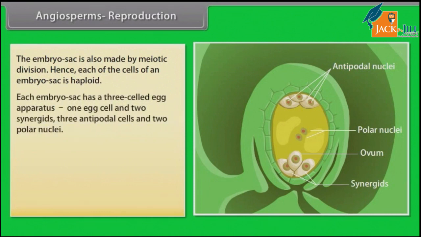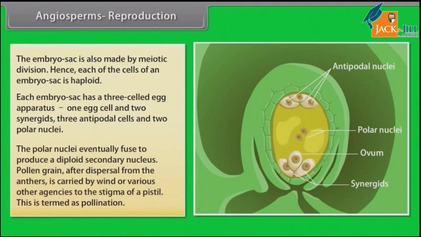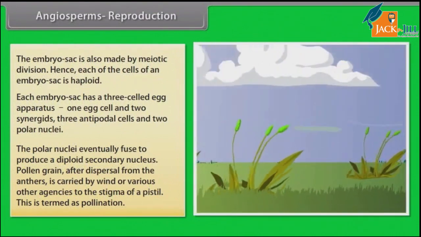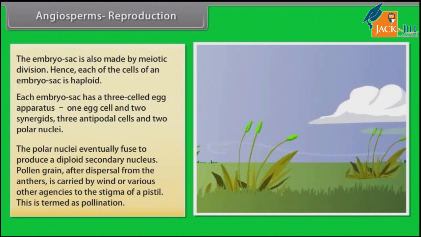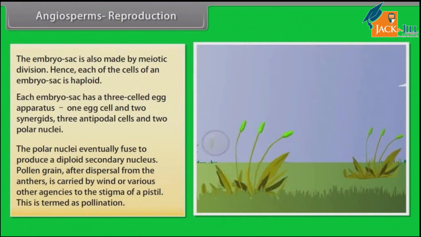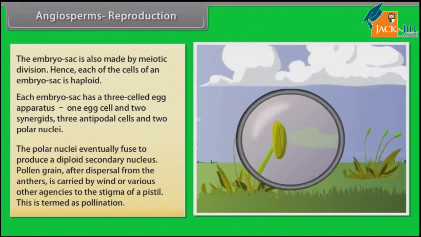Each embryo sac has a 3-celled egg apparatus, 1 egg cell and 2 synergids, 3 antipodal cells and 2 polar nuclei. The polar nuclei eventually fuse to produce a diploid secondary nucleus. Pollen grain, after dispersal from the anthers, is carried by wind or various other agencies to the stigma of a pistil.